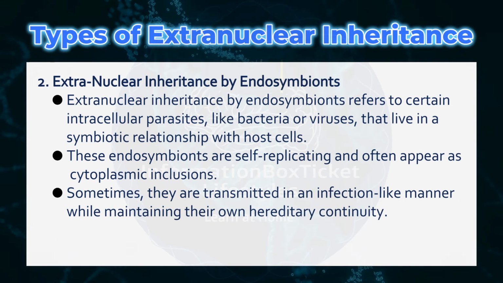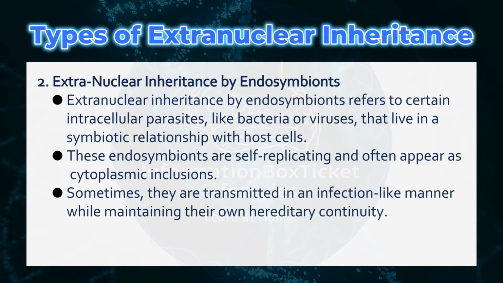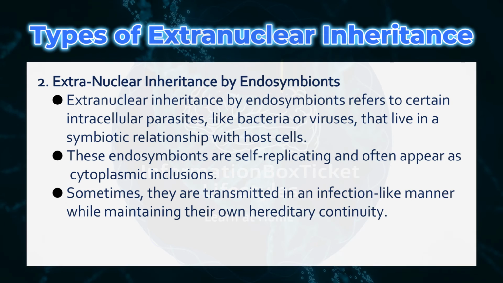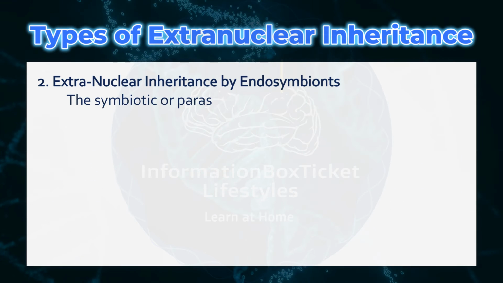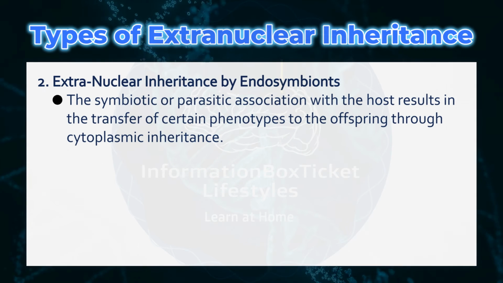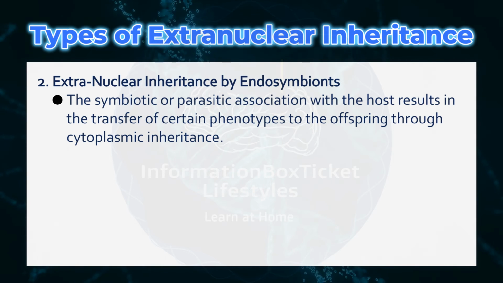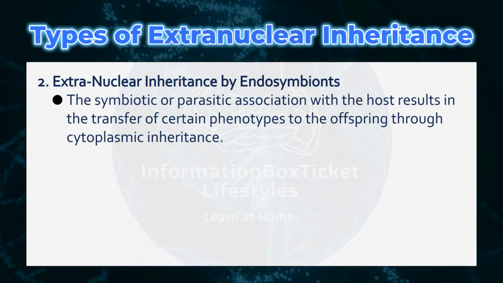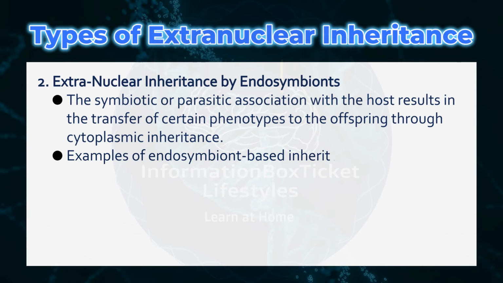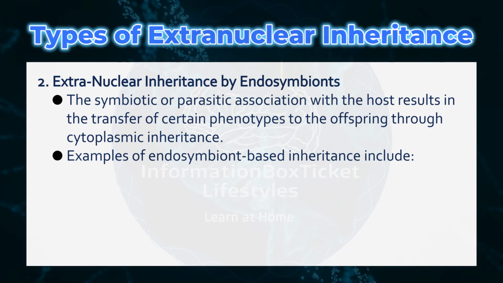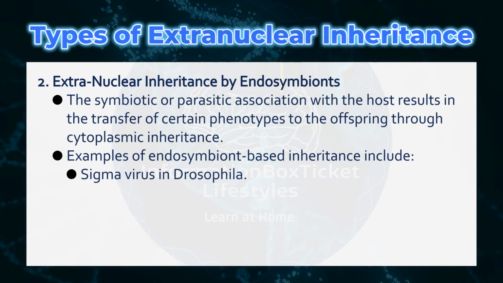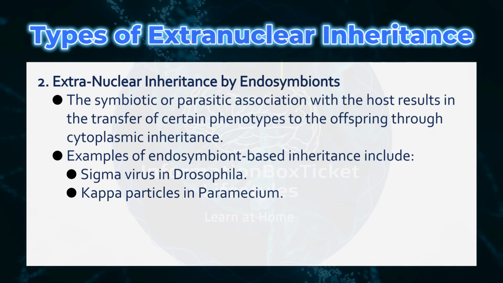Sometimes they are transmitted in an infection-like manner while maintaining their own hereditary continuity. The symbiotic or parasitic association with the host results in the transfer of certain phenotypes to the offspring through cytoplasmic inheritance. Examples of endosymbiont-based inheritance include sigma virus in Drosophila, kappa particles in Paramecium.